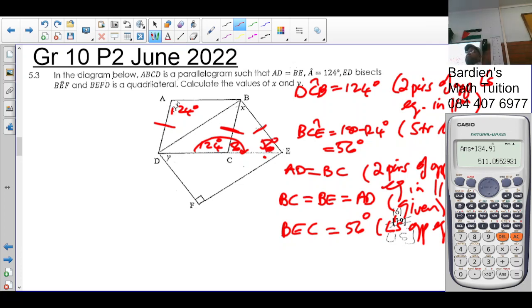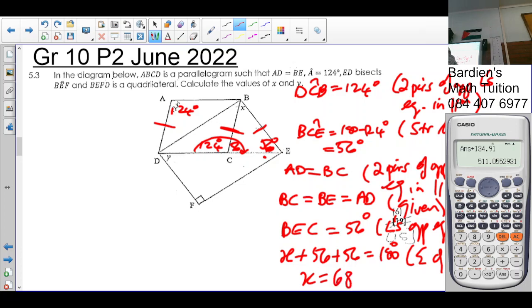Not yet. So I'm going to solve for x now. Interior angles of the triangle: x plus 56 plus 56 equals 180, sum of angles in triangle BCE. Okay, so x works out to be 68 degrees.